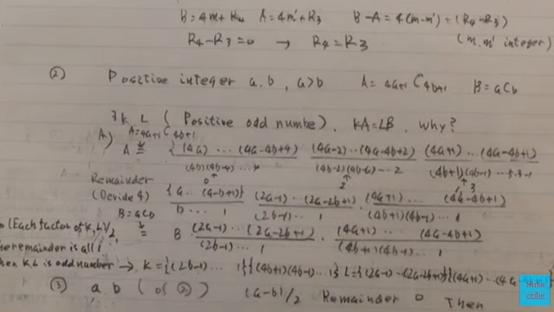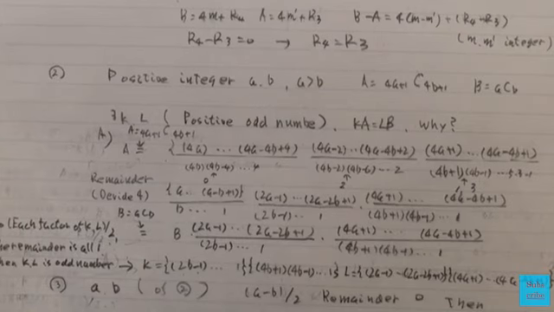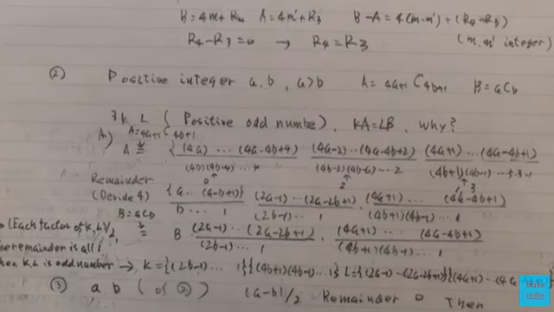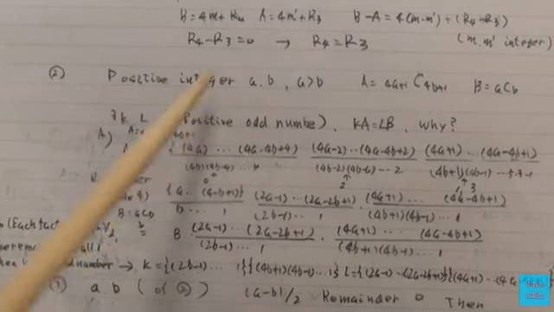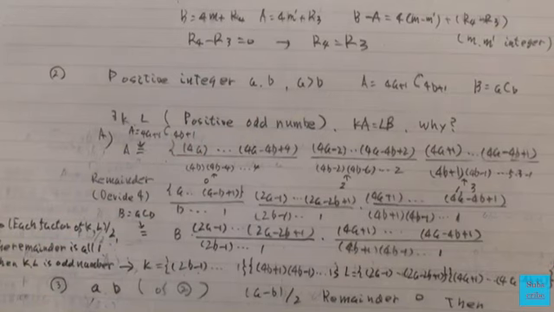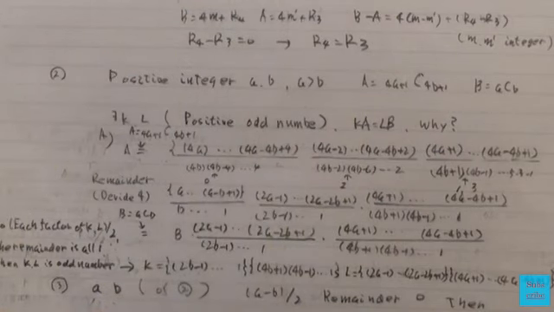And some K and L are positive odd numbers, and KA equals LB. This holds. Why?